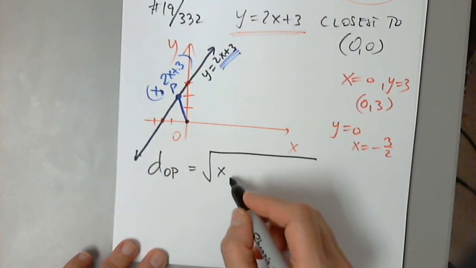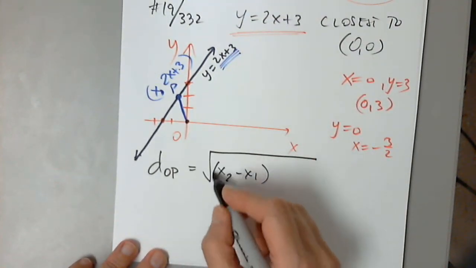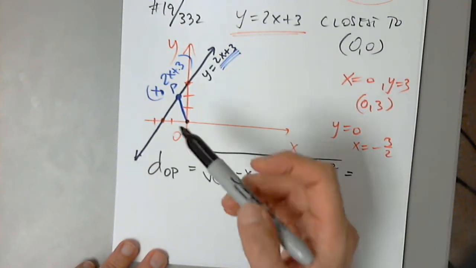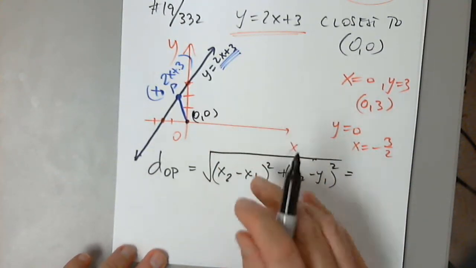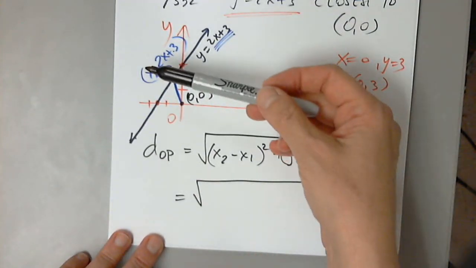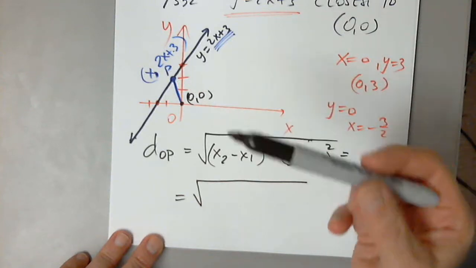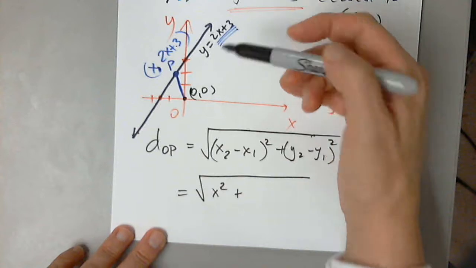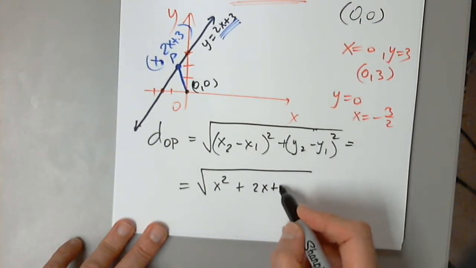Let's write that one. So x2 minus x1 squared plus y2 minus y1, everything squared. But this point has 0, 0, which is fine. So this is the square root of x2 minus x1 everything squared, plus y2 minus y1 everything squared.